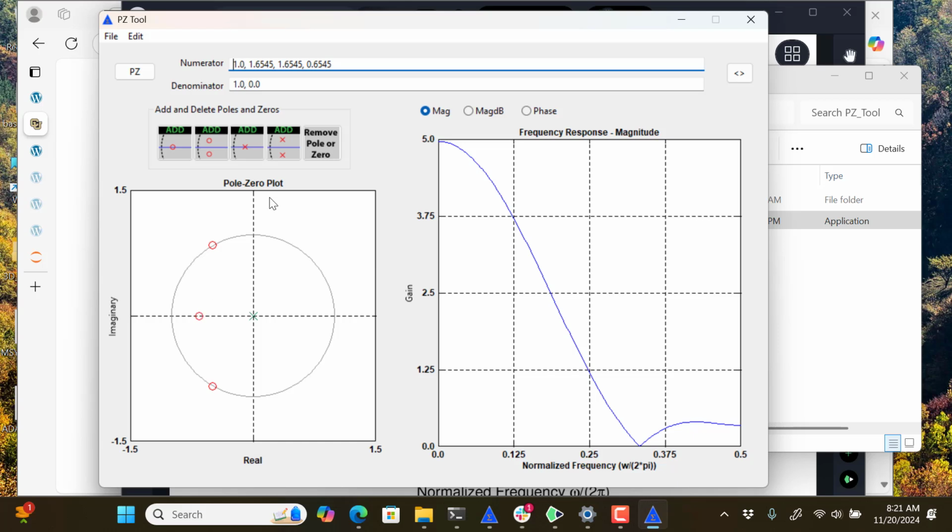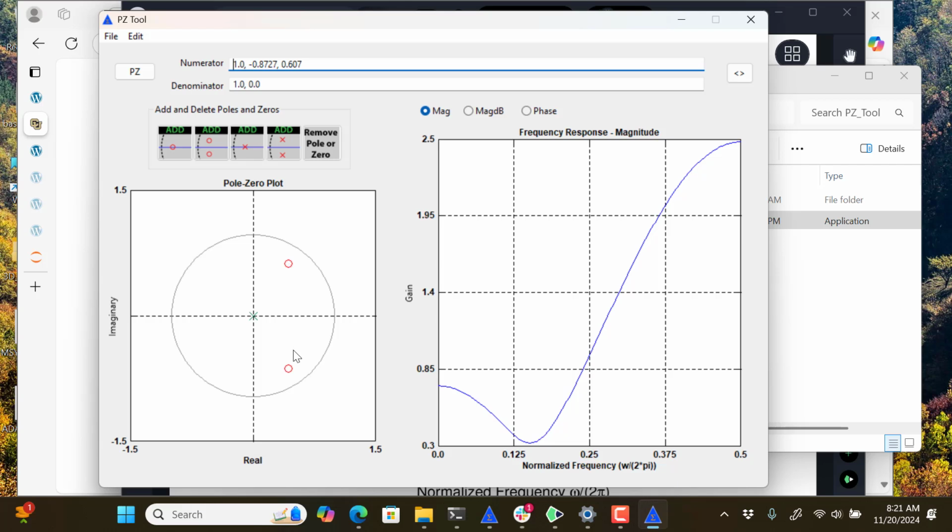But it doesn't allow you to put complex zeros down. They have to be conjugate. So here I've got a 0 down, and I can put it anywhere I want, but I have its conjugate, because that keeps everything real in terms of the impulse response.